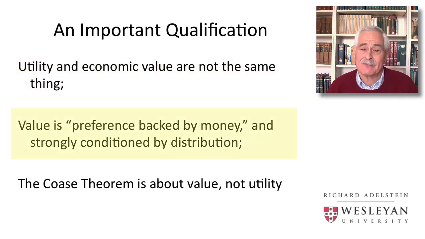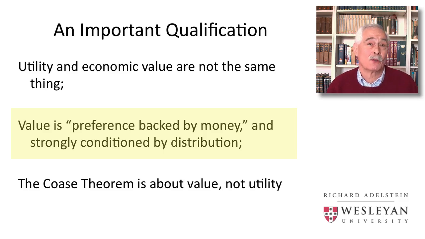And economic value is not simply how much somebody wants something, it is preference backed by money. That is, the only values that count in the Coase Theorem argument are those values that the purported valuer can back up with cash to manifest that value in an exchange.